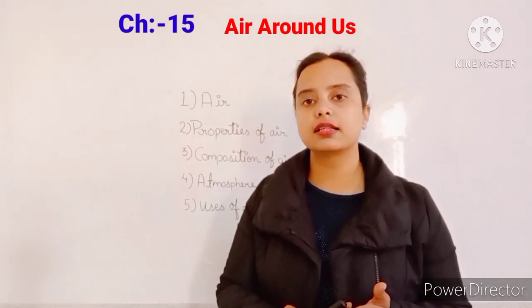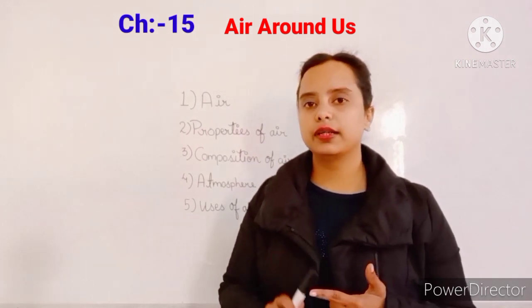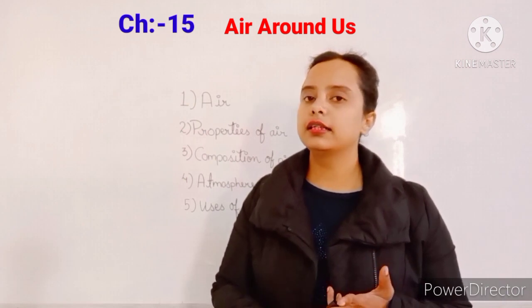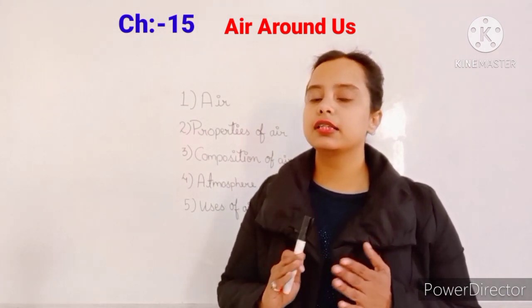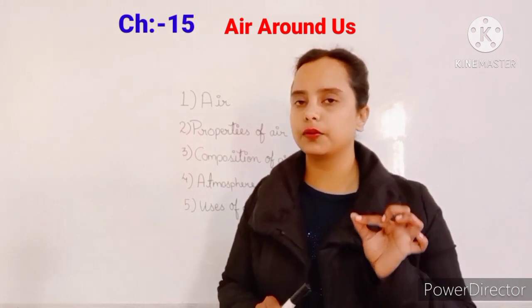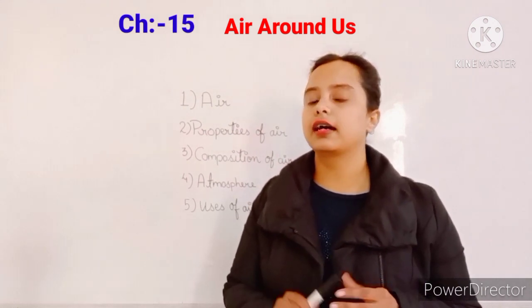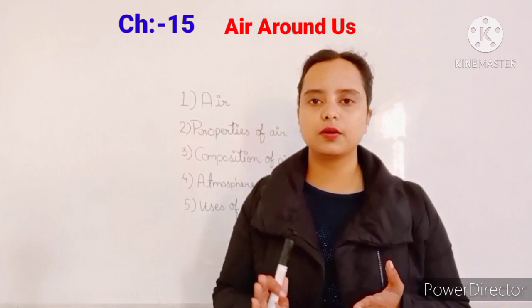The next gas is oxygen, and the percentage of oxygen is 20.9%. The third gas is carbon dioxide, and its percentage is very small, that is 0.03%. Another gas is argon, and its percentage in the air is 0.90%.